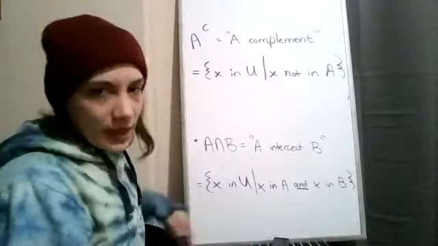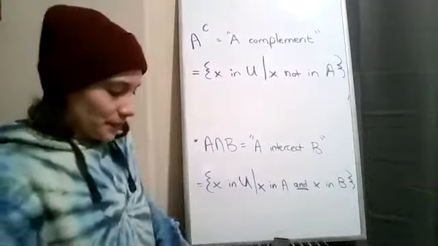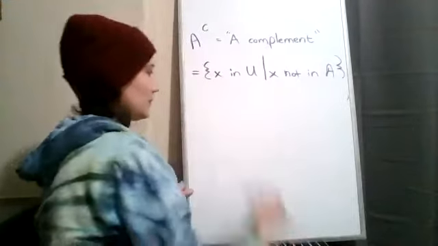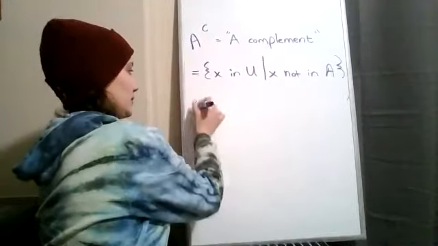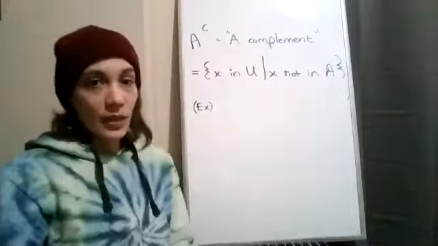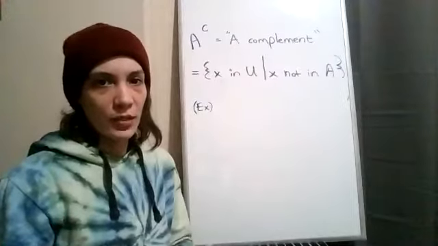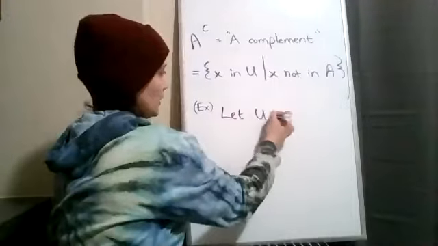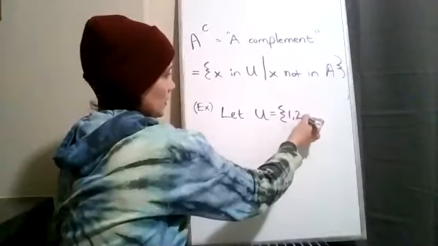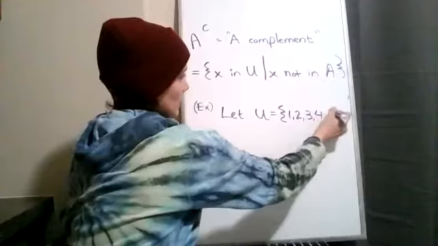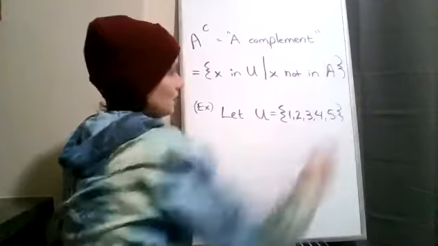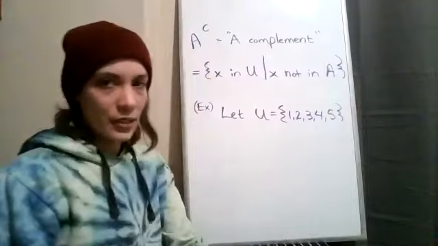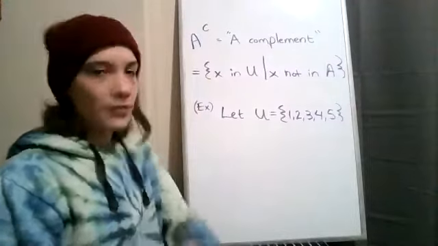Okay, so I have a lot of examples. First one, we'll have our universe contain the elements 1 through 5. A will, we'll see, I have A equal to the set that contains 1, B contains 4 and 5.